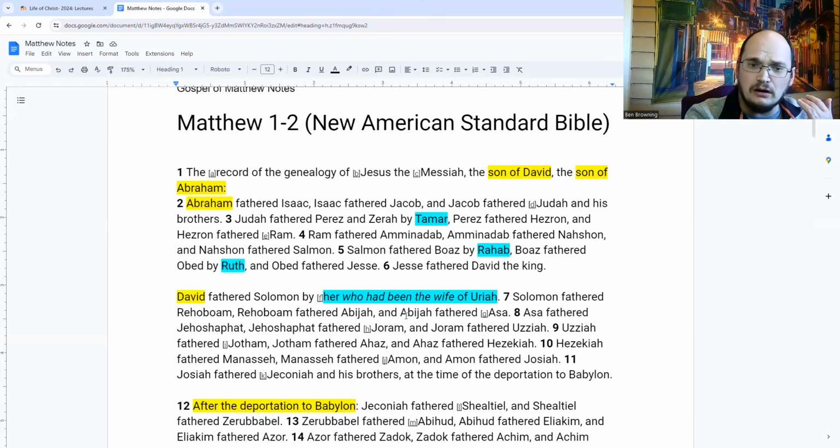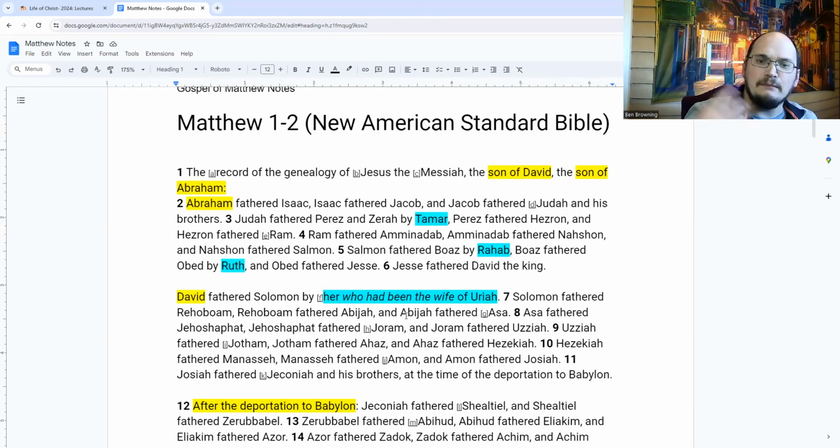So why are Tamar, Rahab, Ruth, and Bathsheba all mentioned, yet Sarah's not mentioned, Rebecca's not mentioned, Rachel's not mentioned, Leah's not mentioned? These are all really important female figures, yet they're not mentioned. Why? At least Sarah. I mean, she's a super important figure. Why are none of them mentioned?